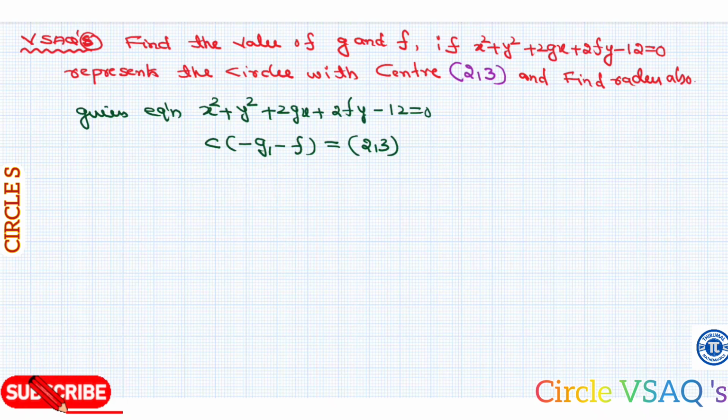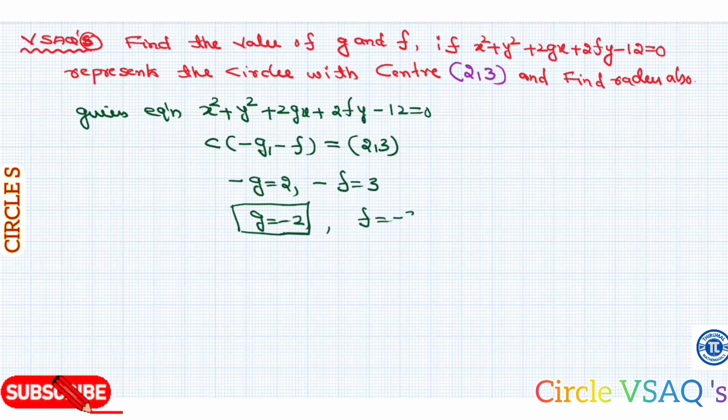Equating on both sides, −g = 2 and −f = 3. Then we get g = −2 and f = −3.